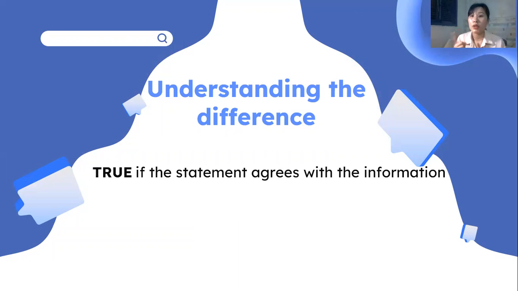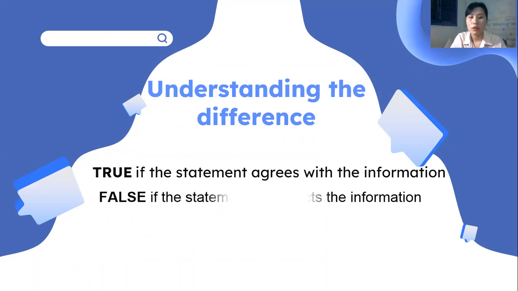But remember that it does not mean it is written in exactly the same way, because the statement will be a paraphrase of what is in the text. That is the reason why you have to read the question or the statement very carefully.